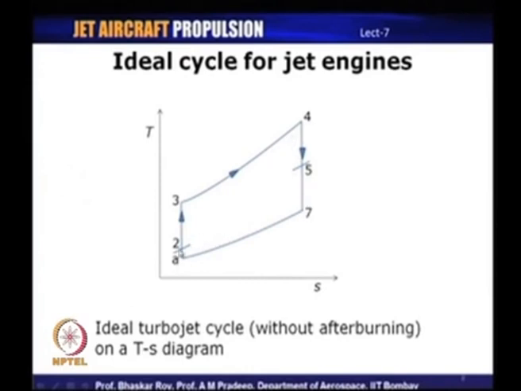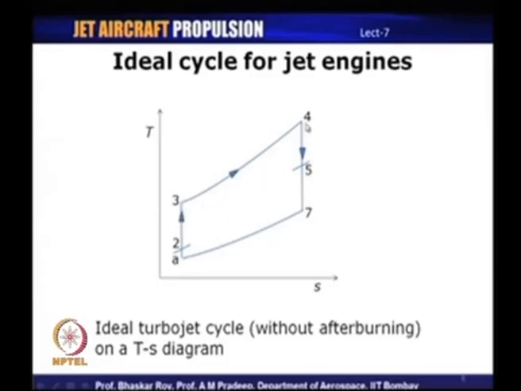So, process A to 2 is compression in the air intake, and from 2 to 3 is compression taking place in the compressor. So, process between A and 3 is the compression process. In an ideal turbojet engine, this is an isentropic process. So, isentropic compression from station A to station 3.